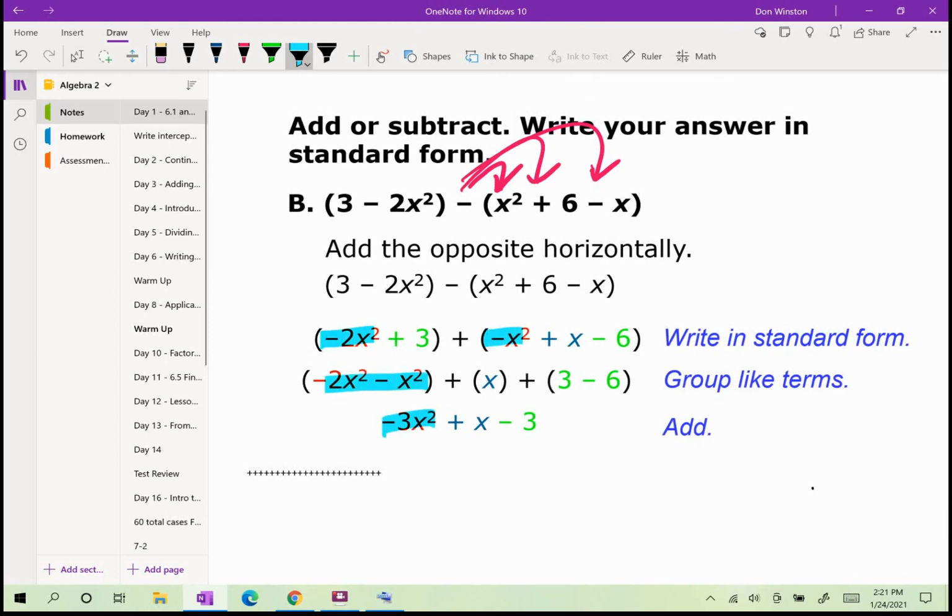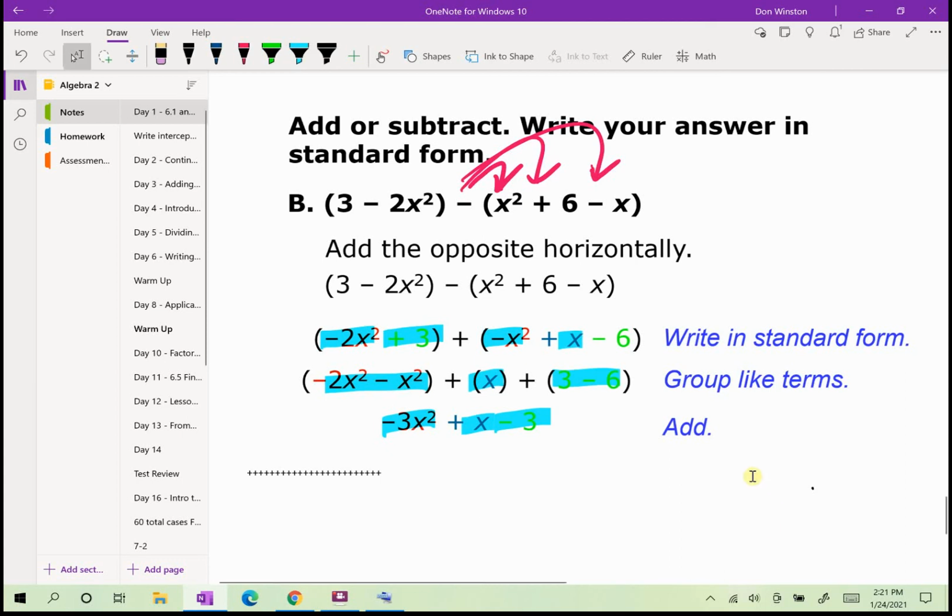That gives me -3x squared. And then I have just x by itself. And then 3 plus a -6, or 3 minus 6, will give me -3. So -3x squared plus x minus 3. So adding and subtracting, we've done that before.